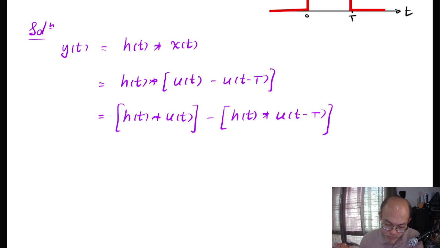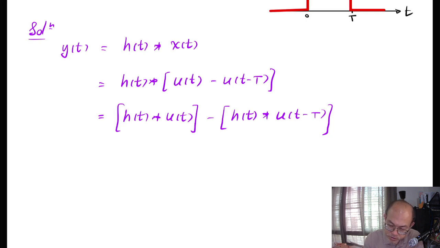Now, if you look more carefully, you can see that these two are the same, except that in the latter term, we delay u by capital T before we apply it to the system. So that reminds us of the time shift property of a linear system.